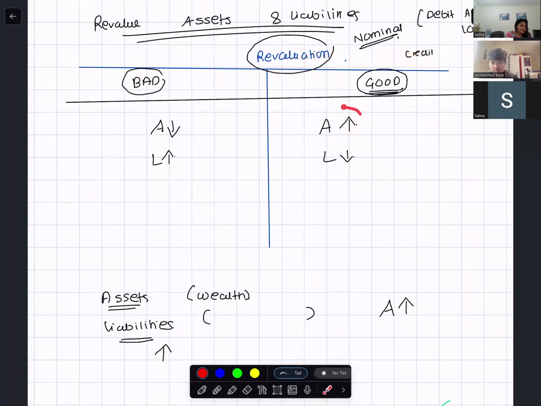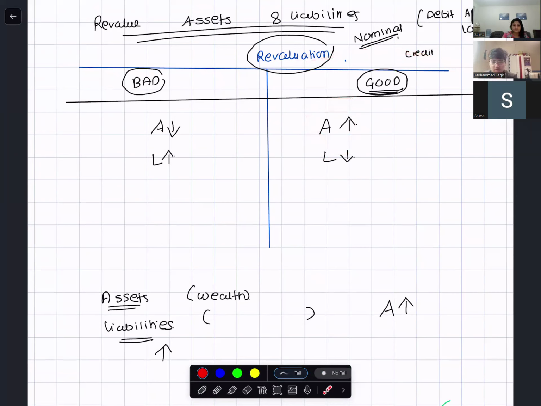So when there is an increase in the value of the asset, what is the entry you will pass? Revaluation account credit, asset account debit. Again, if there is an increase in the value of an asset, what is the entry that you will pass?